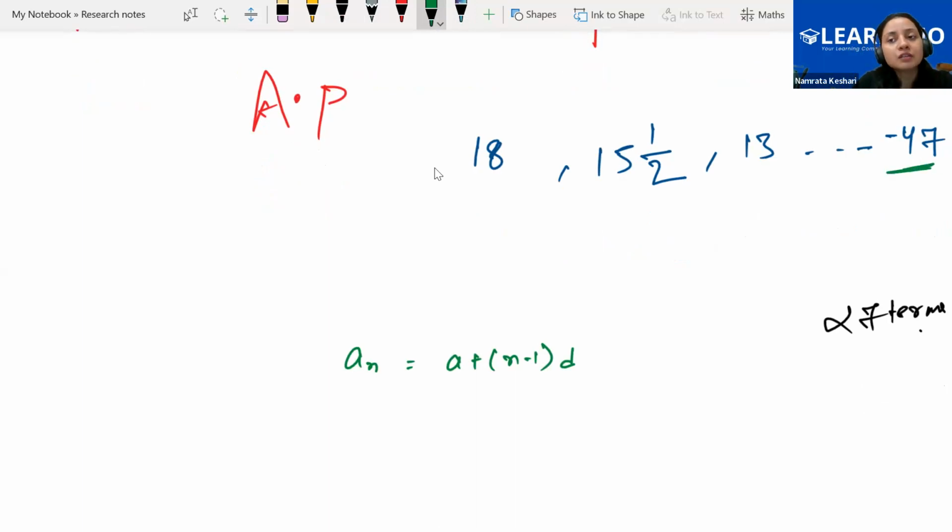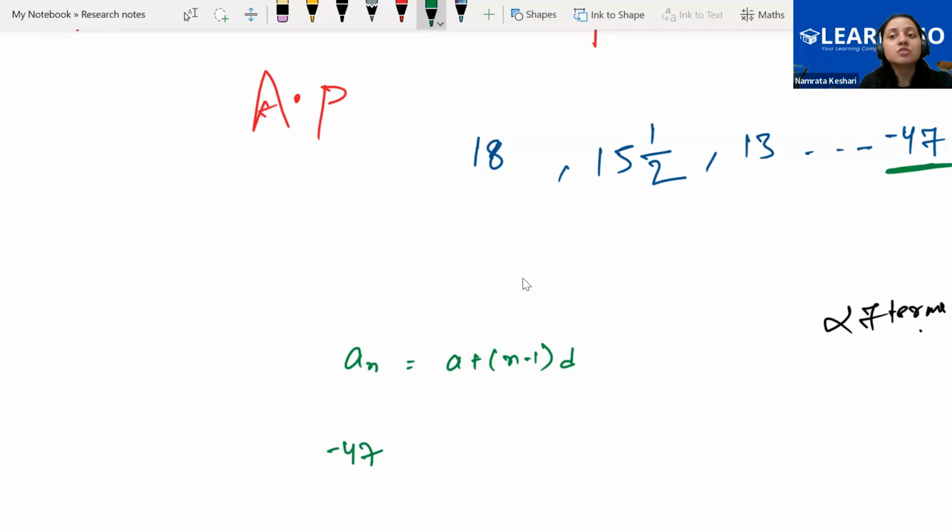Here we are having the last term as minus 47. So let's say nth term, be it 16th term, 17th term, 20th term, or maybe 100th term, whatever term is there, an we know that is minus 47. And which term is that, we don't know. N we don't know, but an we know over here.